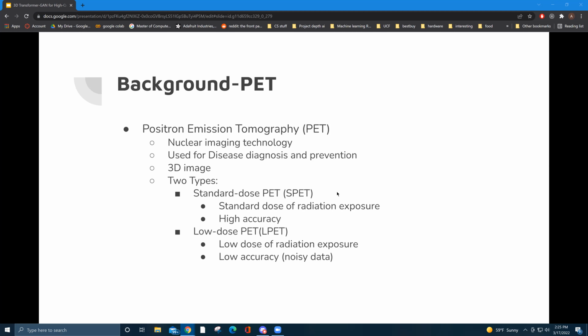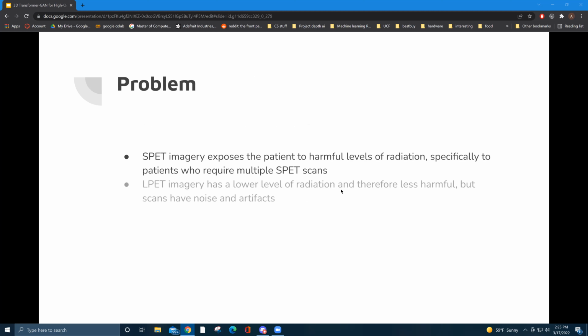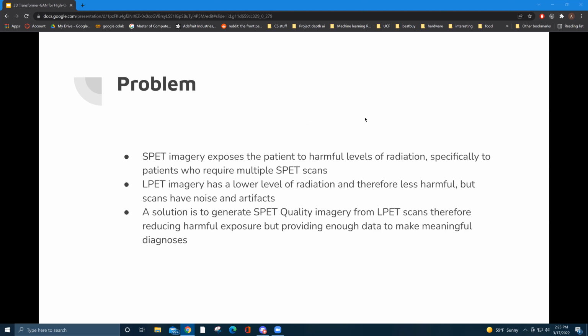I see. So the low dose will result in degraded image quality, but has benefits for the patient, because of the low dose of radiation exposure. Okay. Yeah, exactly.